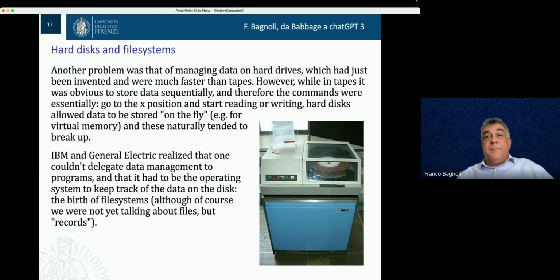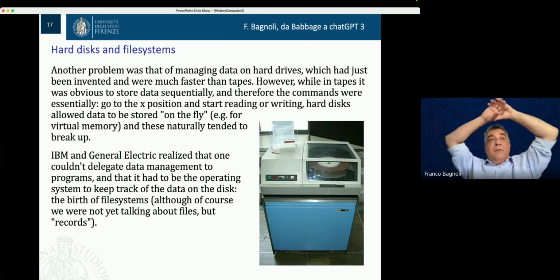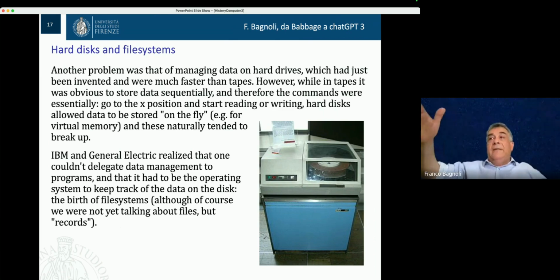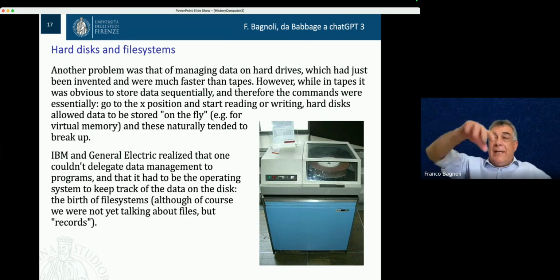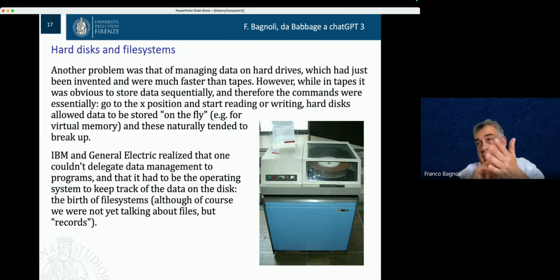Let's consider tapes. I worked very little with tapes. With tapes, you had to tell the tape control, please go to meter 1962 and read a certain amount of data. So you had to keep track of what was inside the tape.